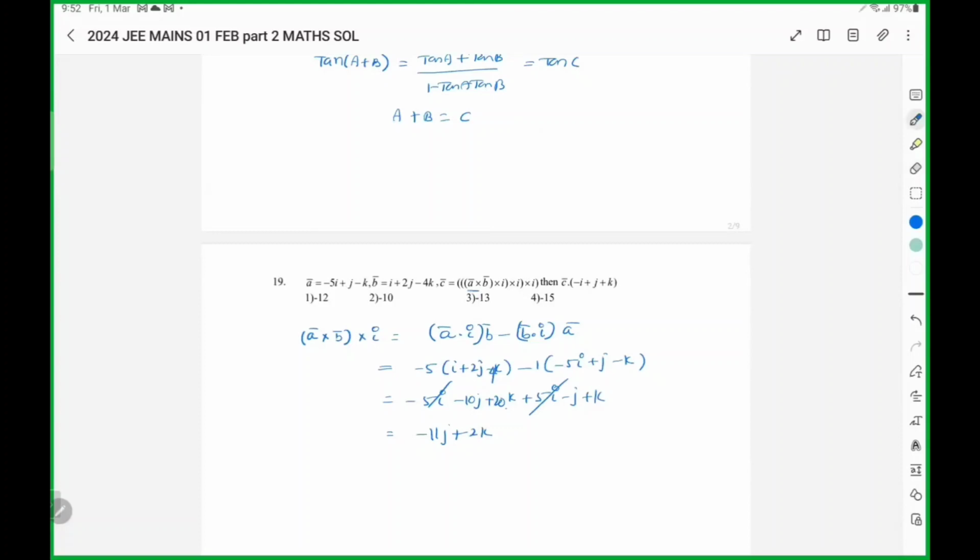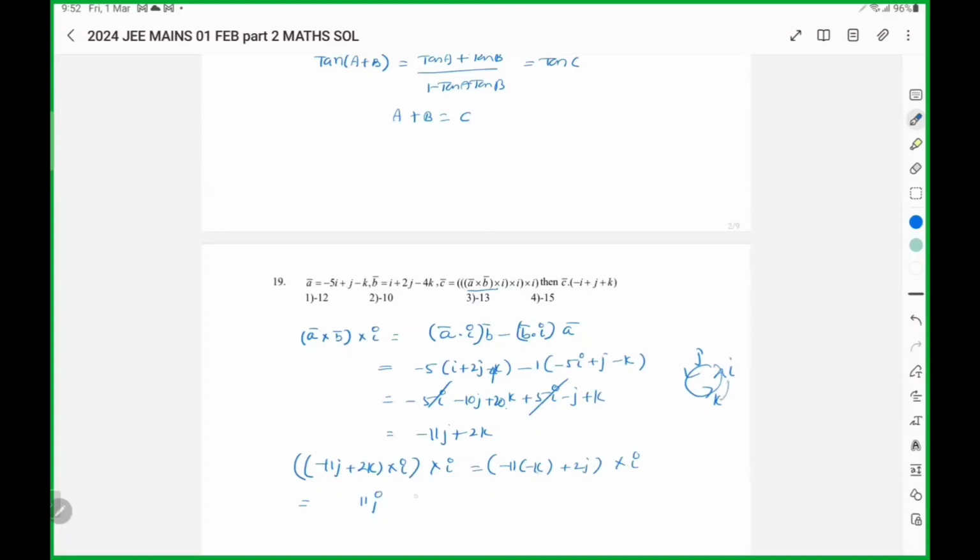This result again we have to multiply 2 times with cross I. Again cross I. Here it is i, j, k. Here j cross i is minus k. K cross i is plus j. 11 k cross i, which is j. Here k cross i is j.